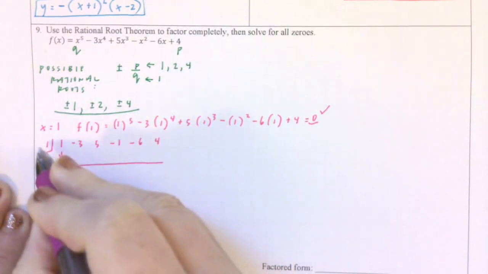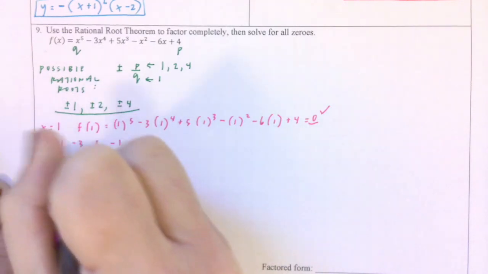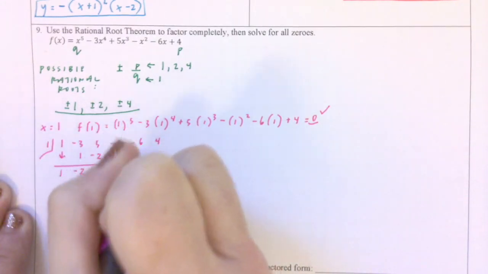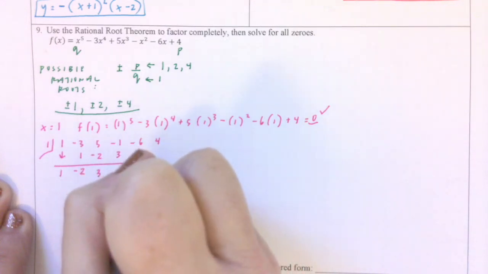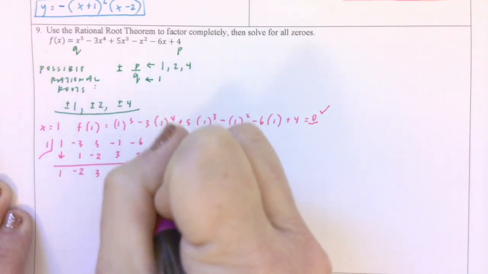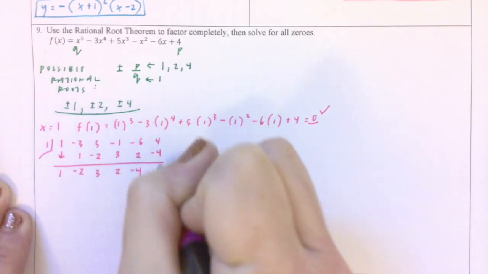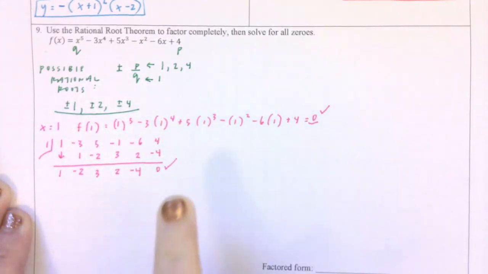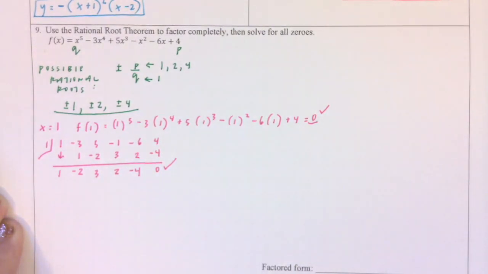So bring down the 1, multiply, add down, multiply, add down, multiply, add down, multiply, add down, multiply, add down. Amazing, right? Just confirms it. So now what am I left with?